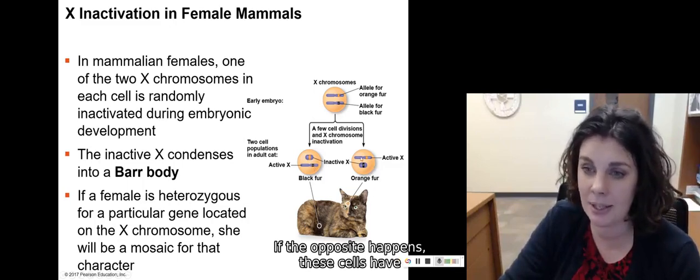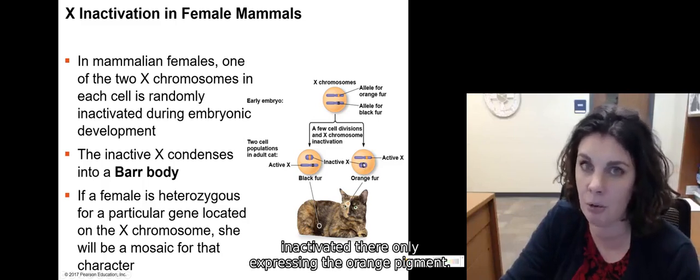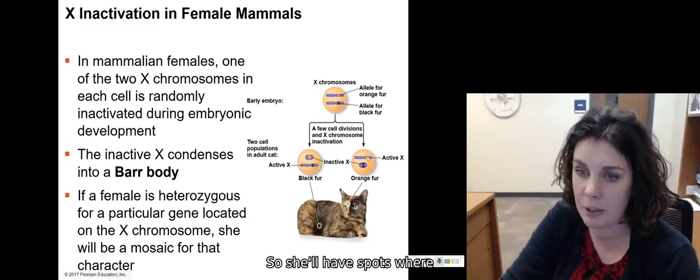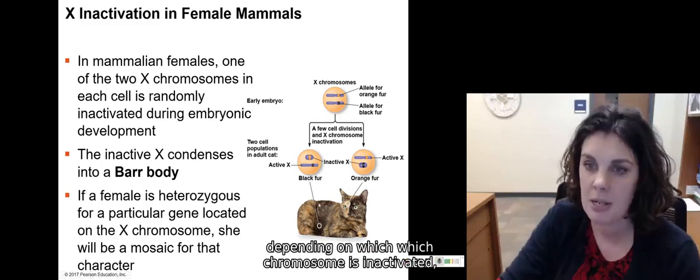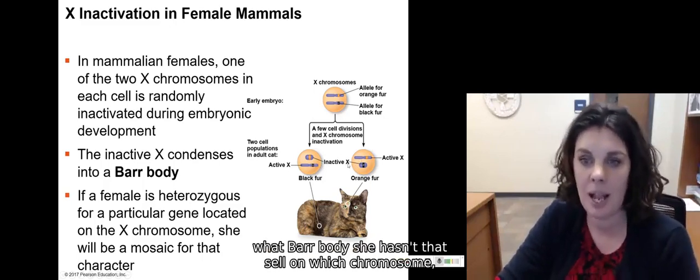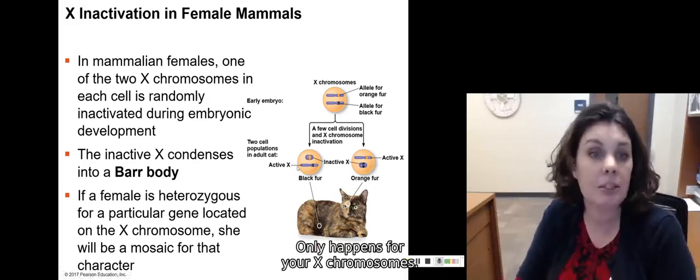If the opposite happens, these cells have the black allele inactivated, they're only expressing the orange pigment. So she'll have spots where her fur is orange colored and spots where her fur is black colored, depending on which chromosome was inactivated, what Barr body she has in that cell, and which X chromosome is active.